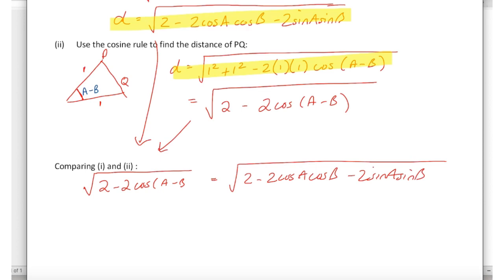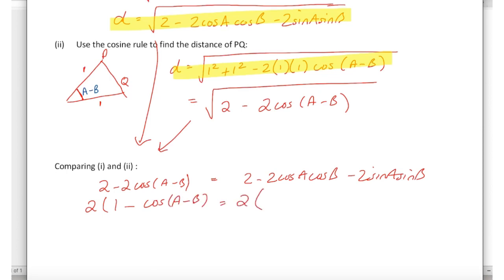Let's neaten this up because we don't need all these square roots. Let's square each side to get rid of the square root sign. Okay, that looks a lot better. And I can see that there's a factor of 2 running through here, so we can divide both sides by 2, which makes them disappear.